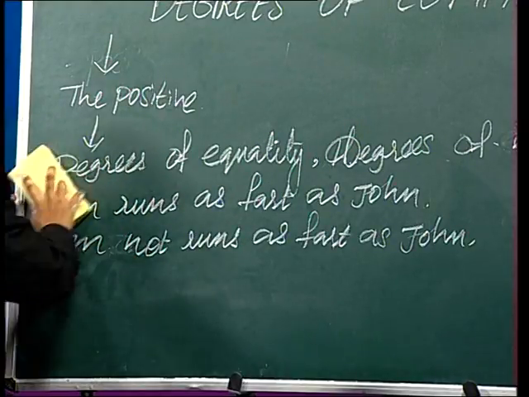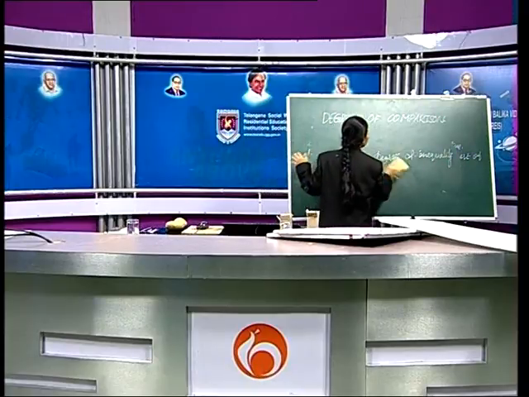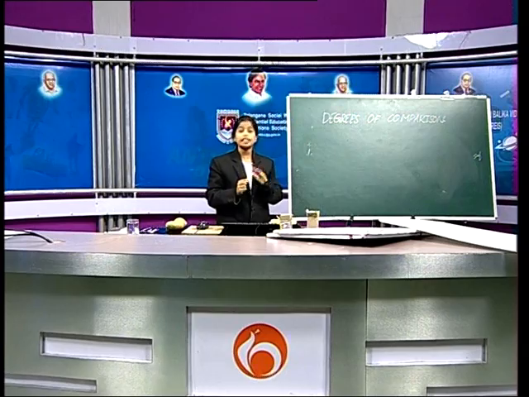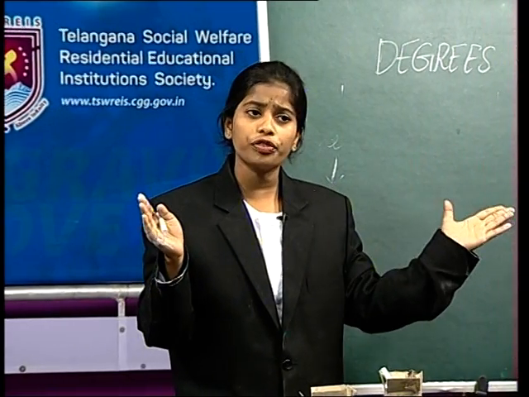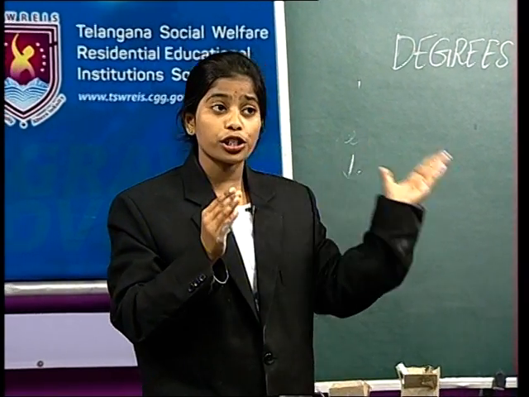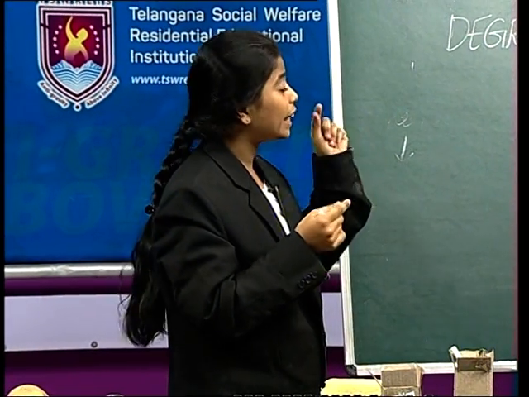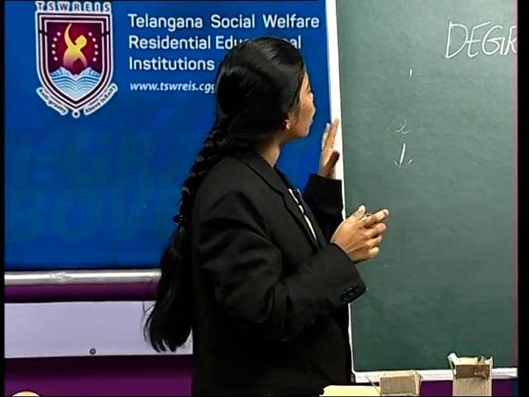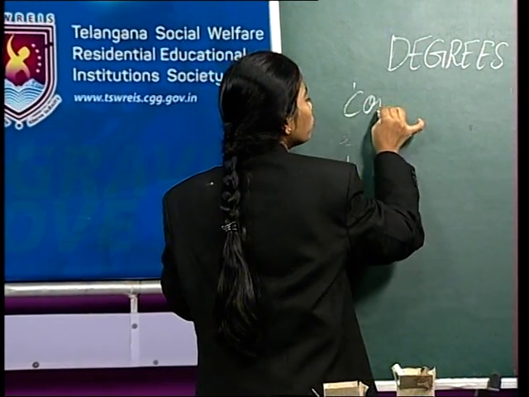Okay friends, let us discuss what is comparative. What we have just discussed, the comparative is the form of the adjective that is added to the positive form of the adjective.